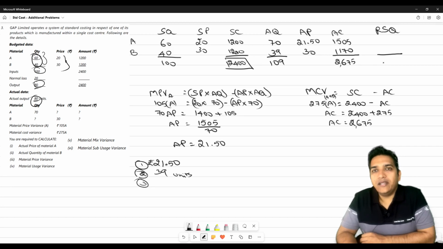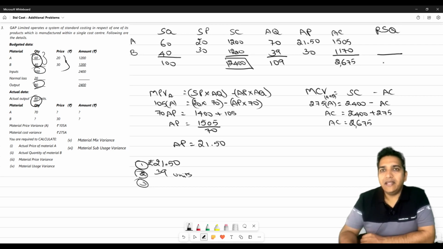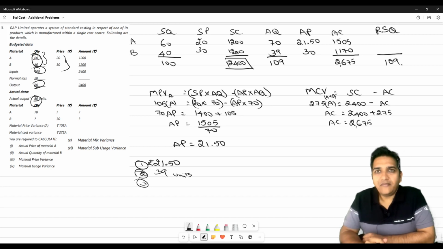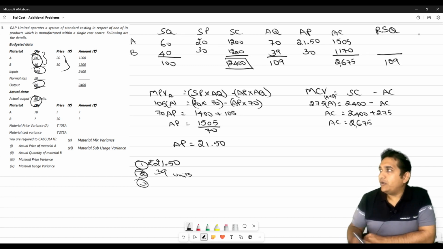Revised standard quantity is, if my total standard quantity is equal to my actual quantity, what will be the mix, or the ratio, of material A and B? So we take my total revised standard quantity to be 109.